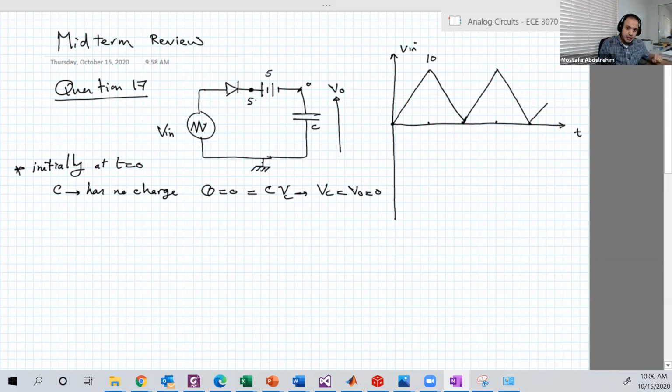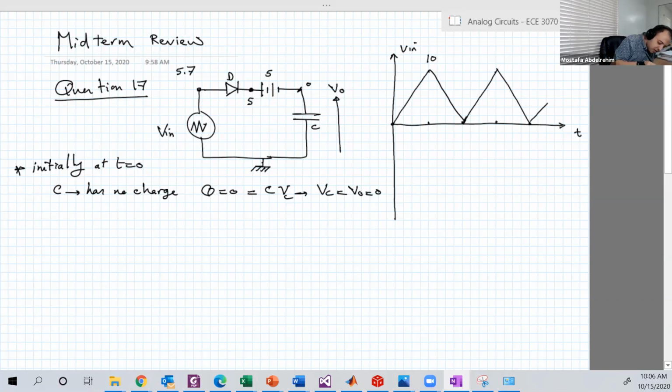For this diode to conduct, to be on, we know that it should have 0.7 volt. So that point should be greater in voltage than this point by 0.7. So this should at least have 5.7 so that the diode can conduct.